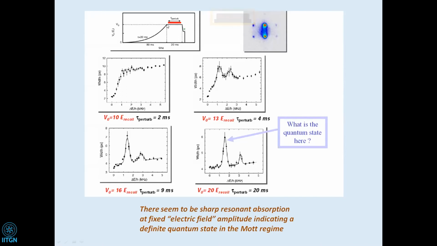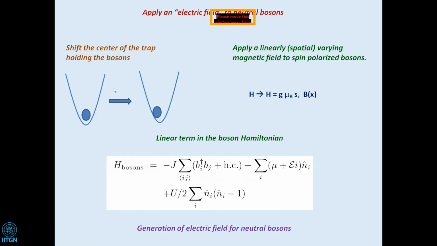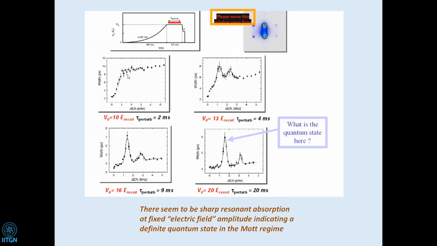Now, for a period of 20 milliseconds, they put in a perturbing Hamiltonian, and that perturbation is just the electric field term that I talked about. In this experiment, done in 2001, they choose to shift the center of the trap to create this electric field.